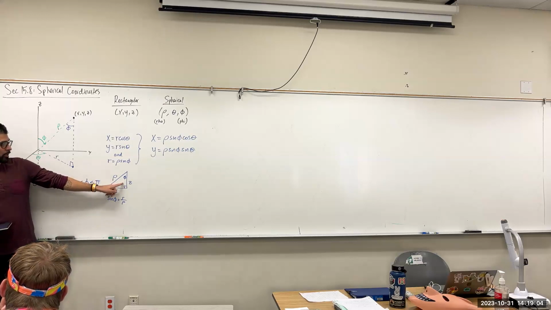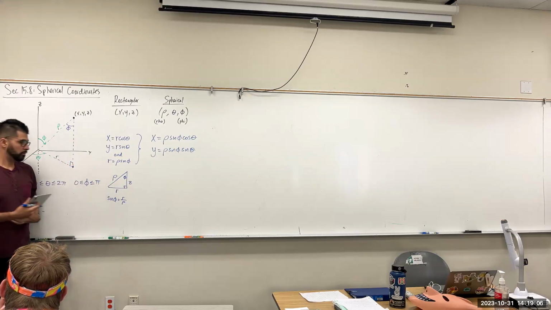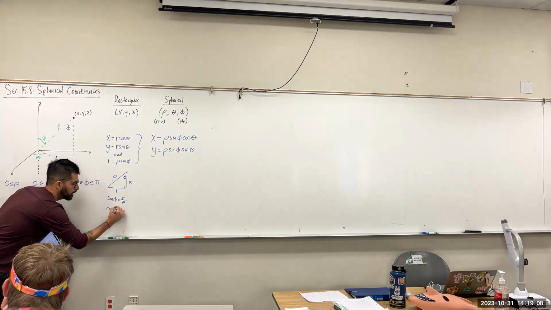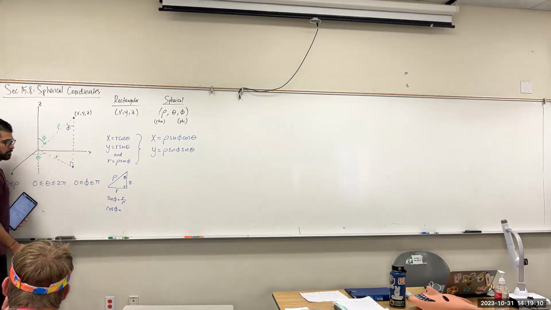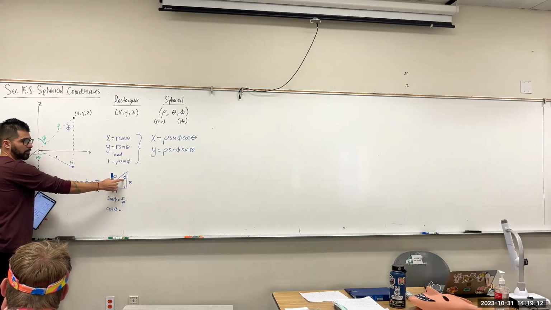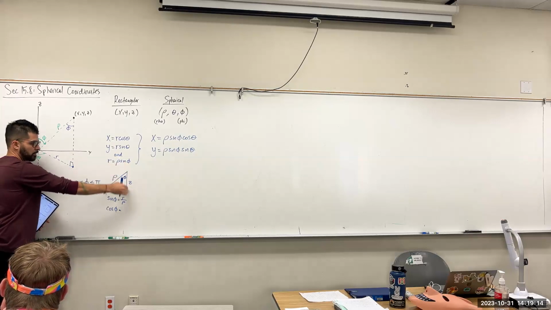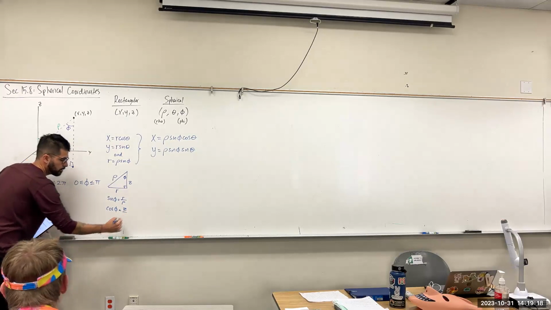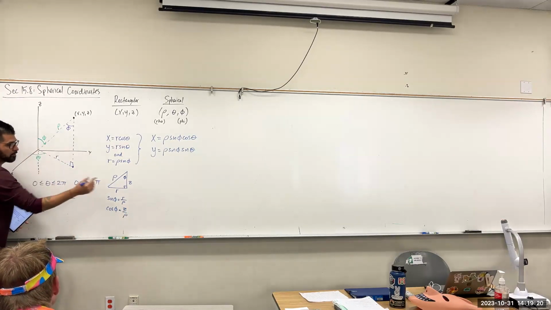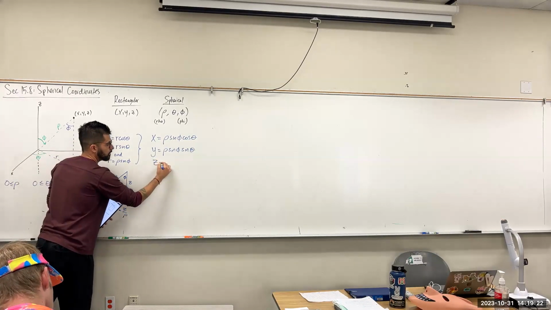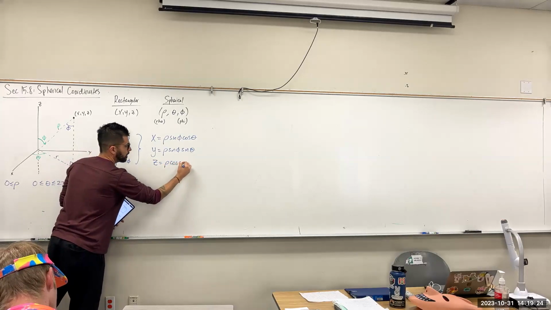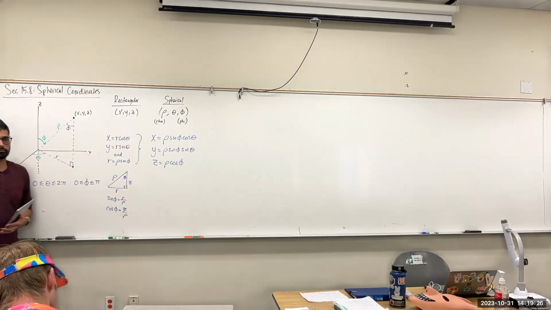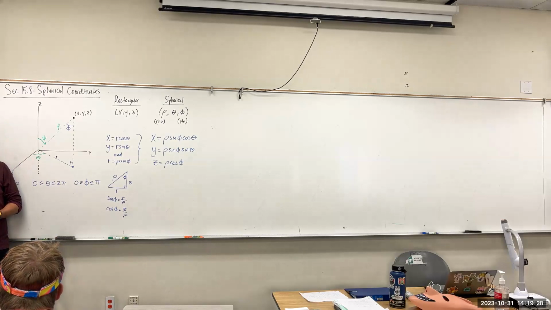In this triangle, I can also use cosine. What's cosine of phi, guys? Phi's right here, right? Adjacent over rho. Multiply both sides by rho. So then I get z is just rho cosine of phi. What does that mean?